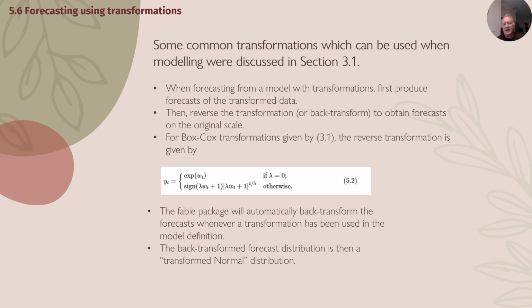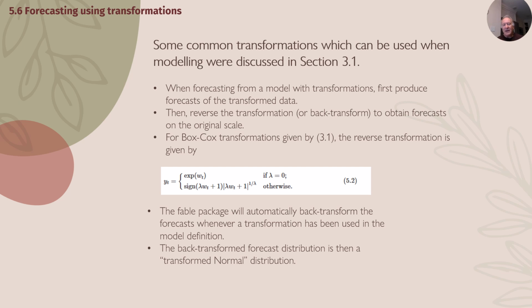So for the Box-Cox transformations given by 3.1, the reverse transformation is just to take the exponential of w_t if lambda is equal to 0, and otherwise take the sign times (lambda times w_t plus 1) raised to the 1 over lambda.